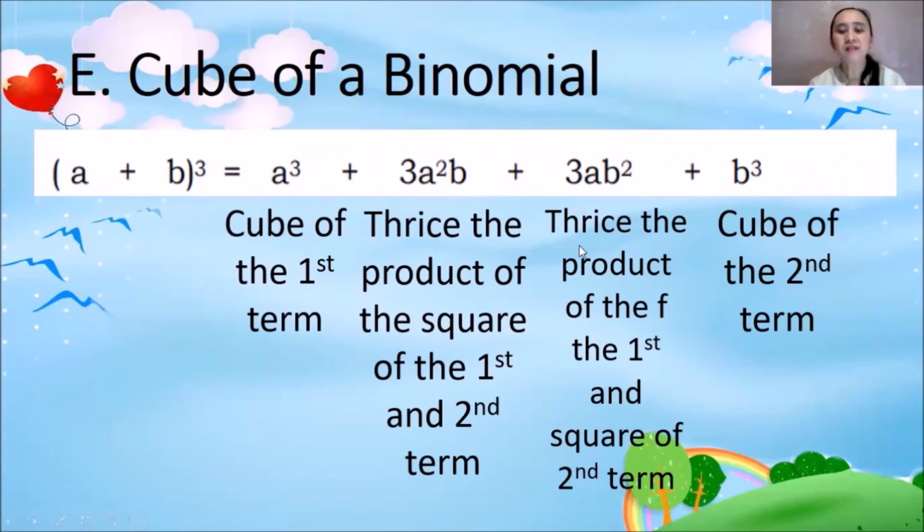And next, thrice the product of the first term and the square of the second term: 3 times a times the square of the second term. And the last term of the cube of a binomial is the cube of the second term.